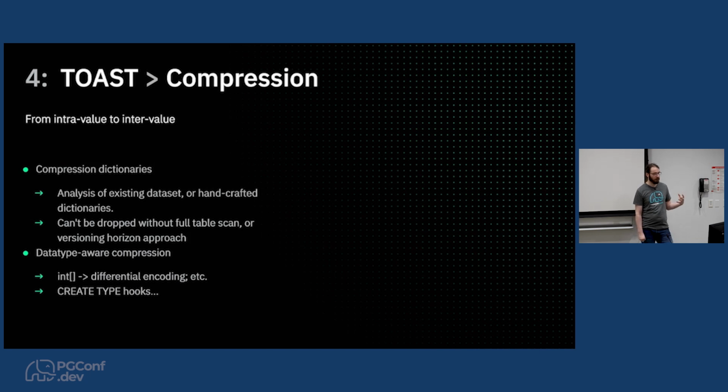When you apply dictionary compression, what I meant was using the dictionary capabilities of the existing compression methods. For instance, LZ4, I think, allows you to supply a dictionary: this is the context, this is the data that you should expect, and use that as a dictionary for the data.